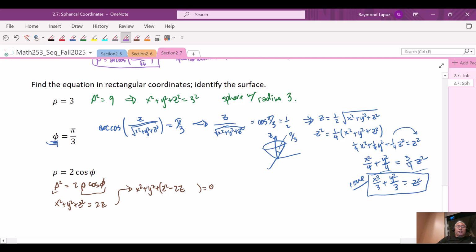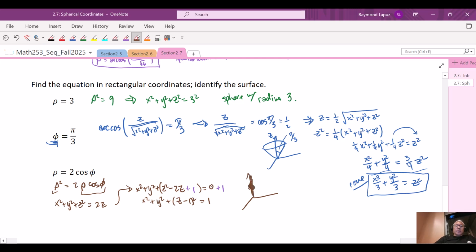So half of 2 is 1, 1 squared is 1, so let's add 1 to both sides, and then we will get x squared plus y squared plus parentheses z minus 1 quantity squared is equal to 1.